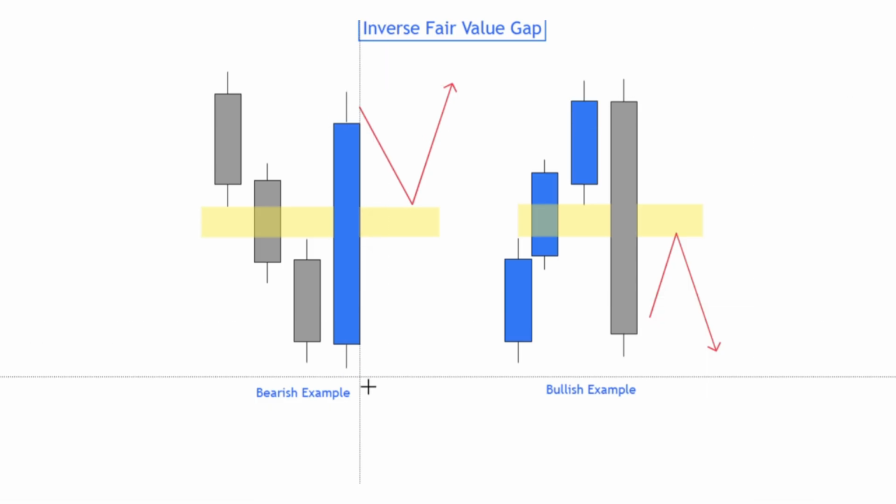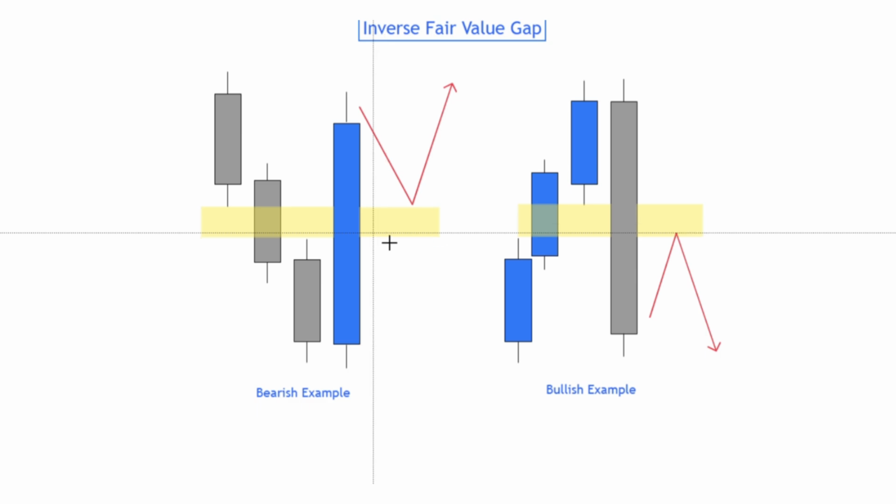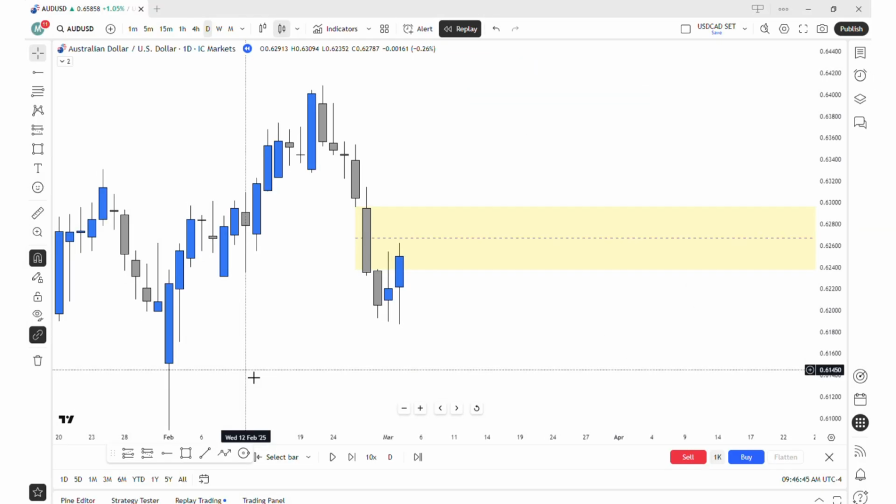Price would often break through the fair value gap and return back to it to then retest it and then continue the trend elsewhere. All right, now that I've demonstrated what an inverse fair value gap is, let's open a chart and look at some examples of what an inversion is.